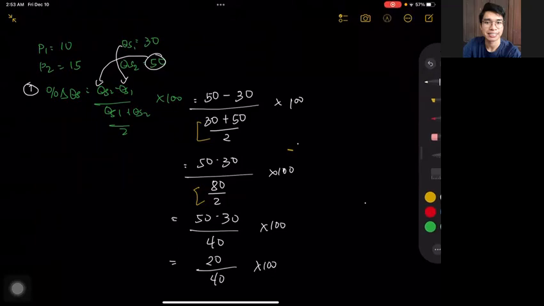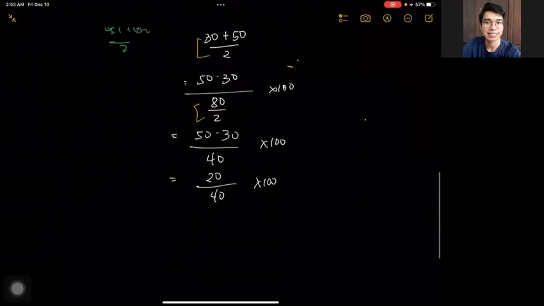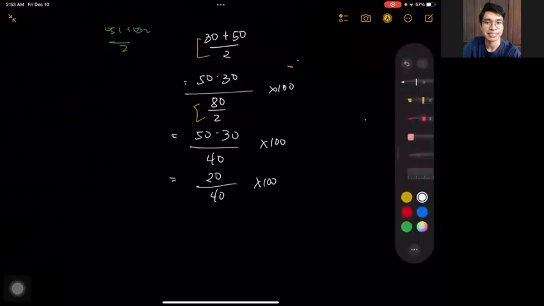So the answer is, using your calculator, 20 divided by 40 is 0.5. So 0.5 times 100 is equals to 50%. So ibig sabihin po, ang percentage change of QS natin is equals to 50.